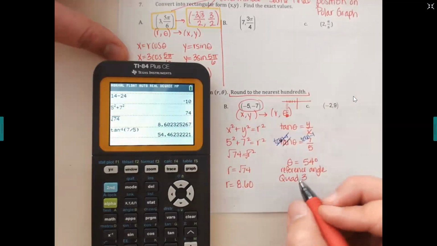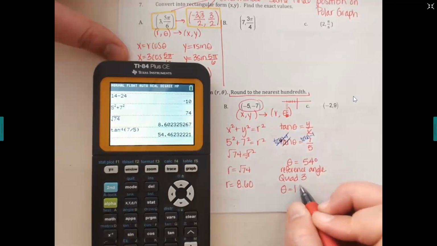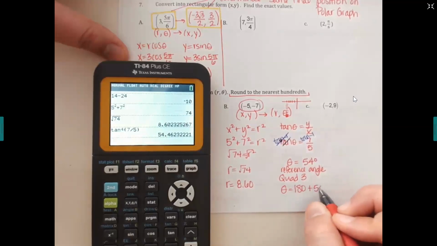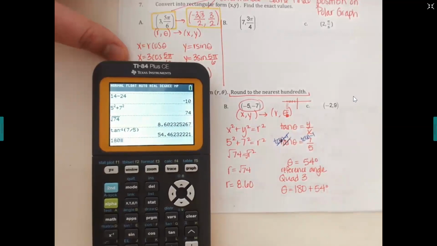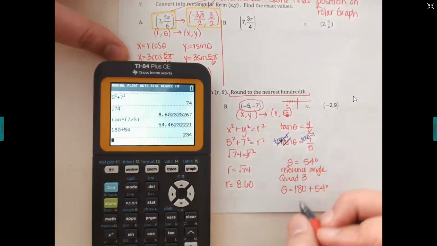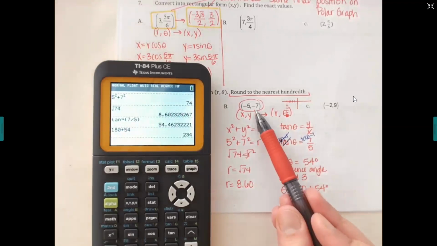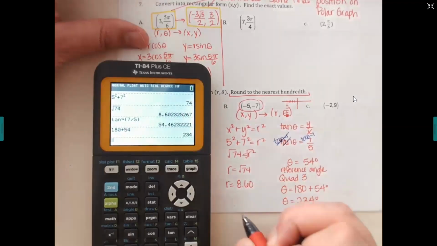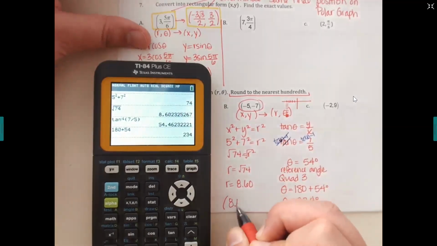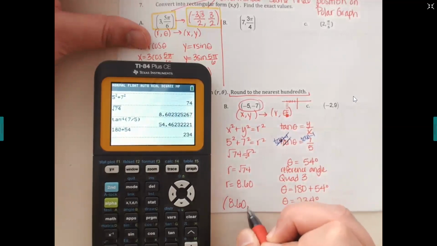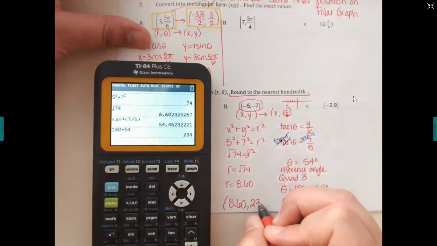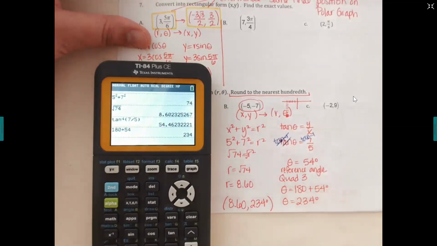And the formula for that is 180 plus 54. 180 plus 54 comes out to be 234. So if you were to rewrite -5, -7 in a polar coordinate, it would be 8.6 for your radius. You can put the 0 if you want, and then 234 degrees for your theta.